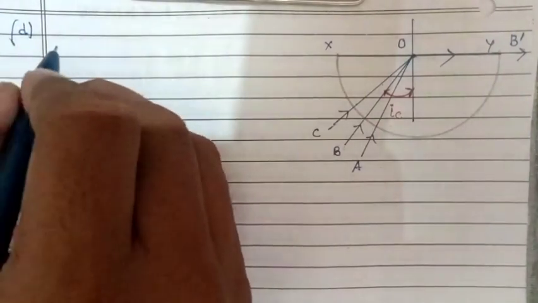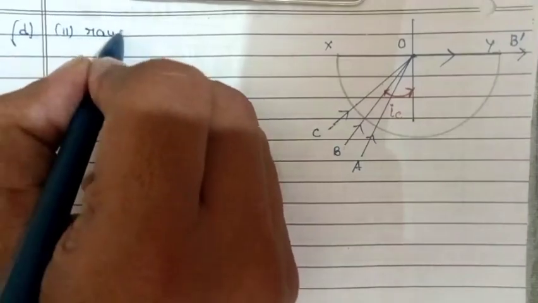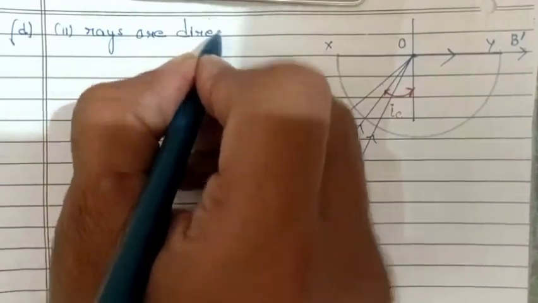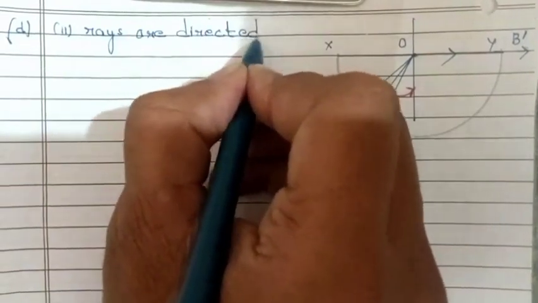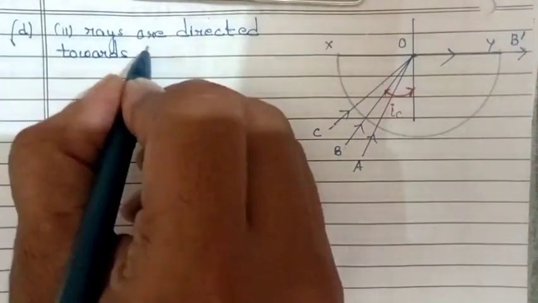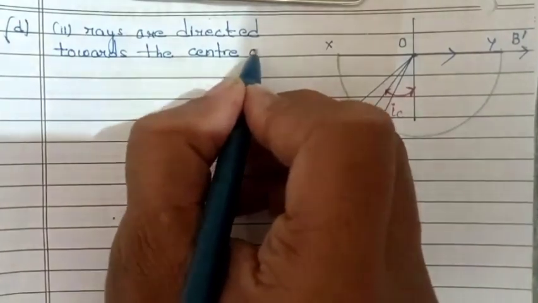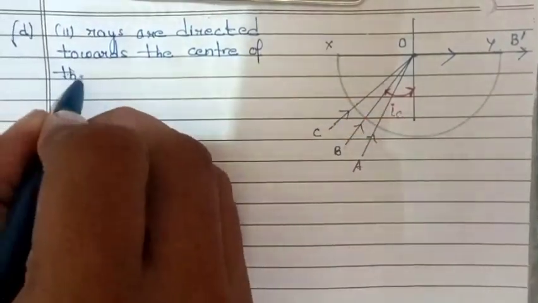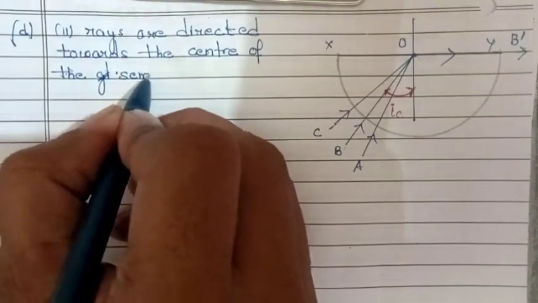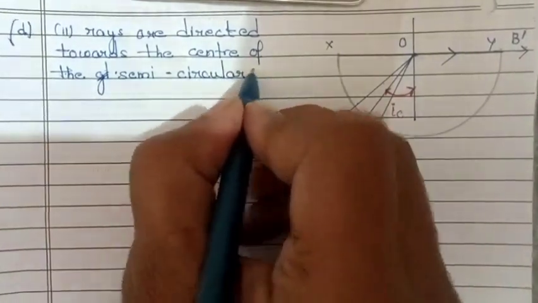So you can write in the second part, the rays are directed towards the center of the semicircular glass block.